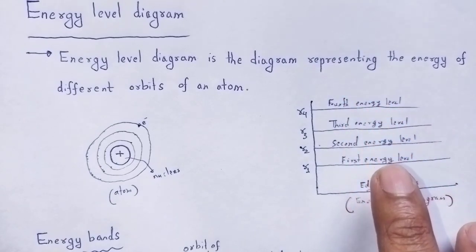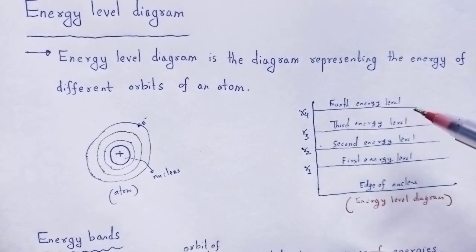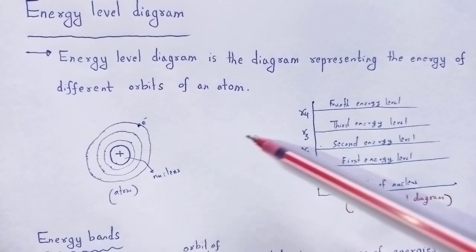If the orbit of an electron is larger, then the energy level is higher, as we see.